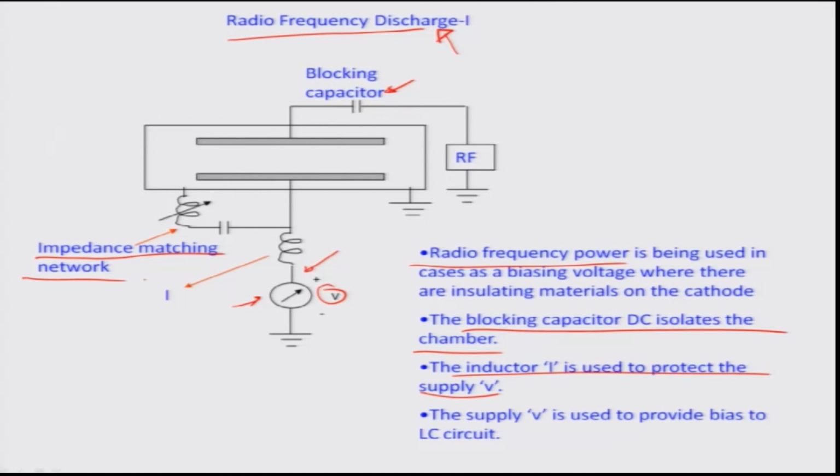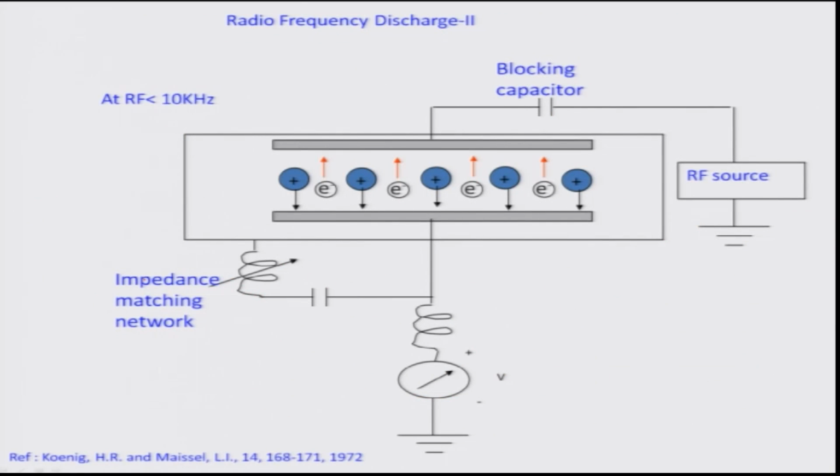Having said that, now let us look into another aspect, how this RF driven plasma really works out. Let us look at the sequence of events when ions and electrons are formed within the plasma chamber. Let us say in the first half of the cycle, this particular plate is positive and the other plate here is negative.